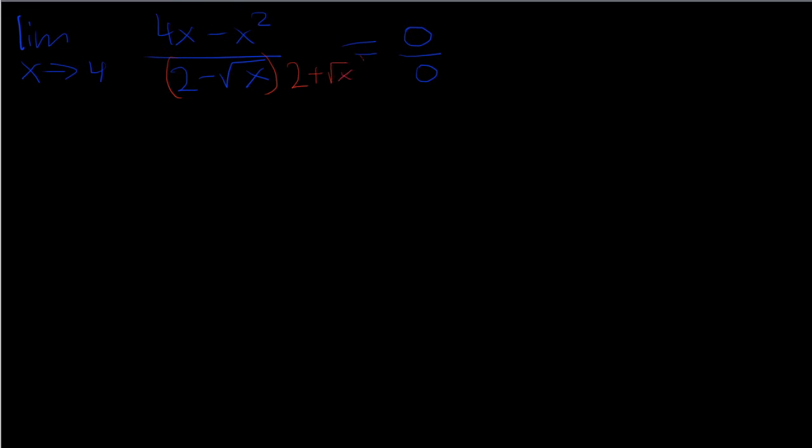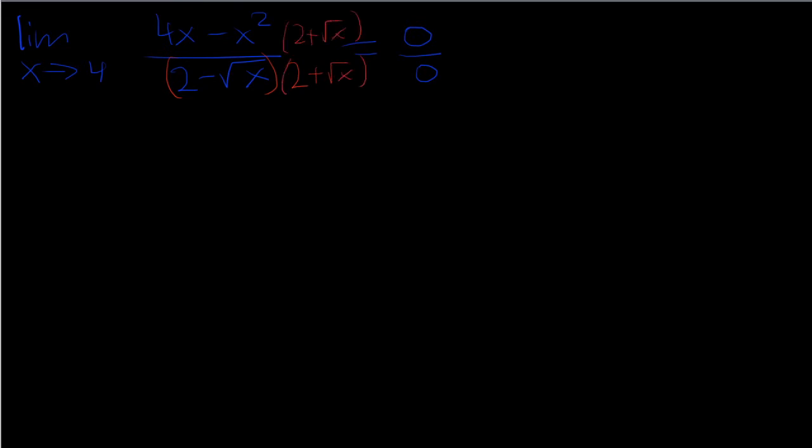Let's start with the limit as x approaches 4 of (4x minus x squared) over (2 minus root x). If I plug in 4 for top and bottom, I'm going to get 0 over 0. In this case, I want to multiply the top and the bottom by the conjugate of the denominator.